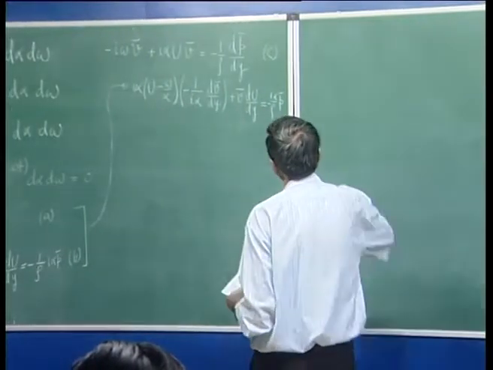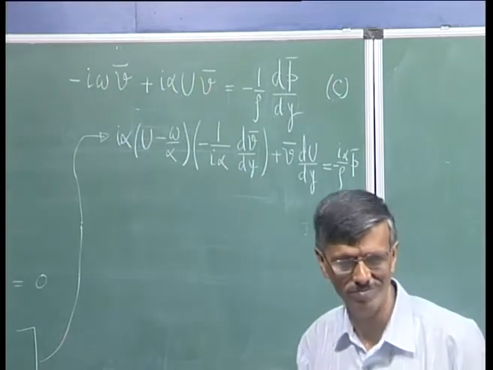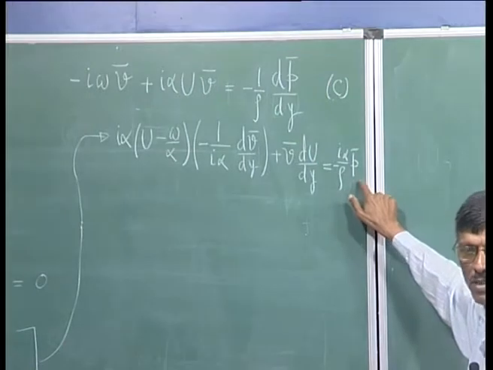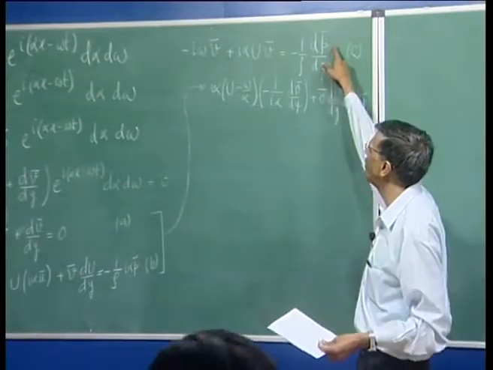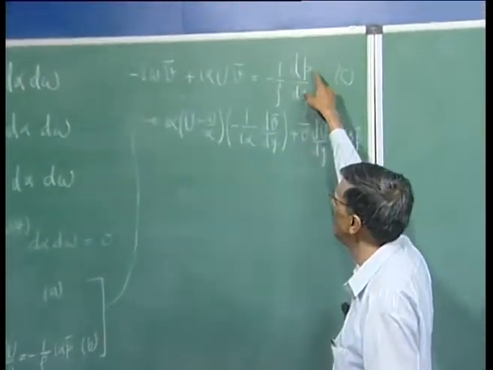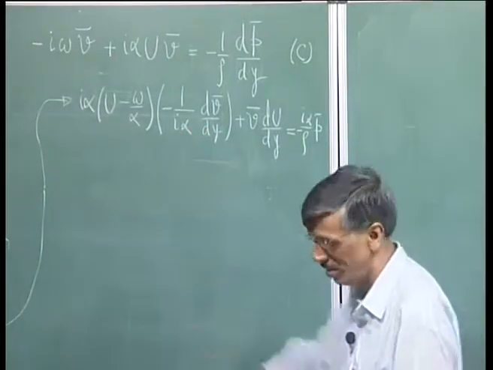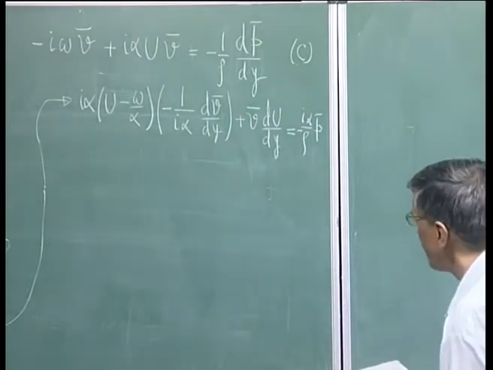Now, between these two equations, we can eliminate p bar also. What do we do? I differentiate this last equation with respect to y, and then I have an expression for dp bar dy in terms of v bar. So we can do that. What would we get?